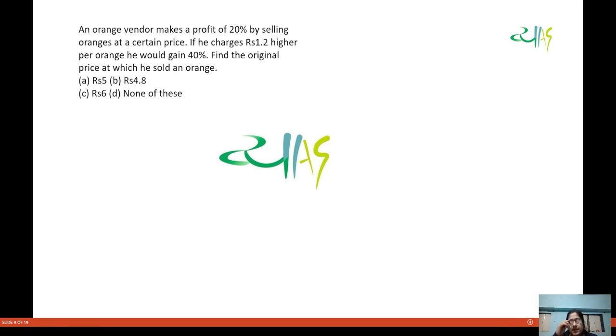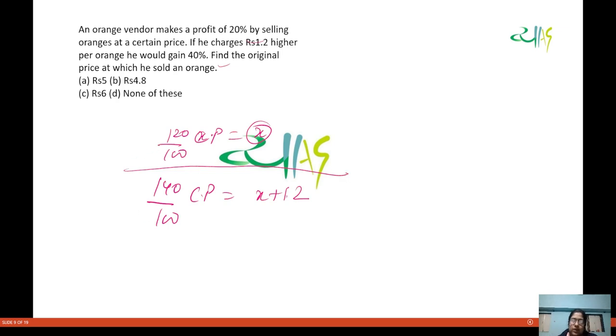See, what I did here is I made two equations and two unknowns. 120 by 100, which is 20% profit on cost price, is giving us some profit, let's say x, and 140 by 100 of cost price gives us x plus 1.2. If I divide these equations, the cost price gets cancelled, and I get 120 by 140 equal to x by x plus 1.2.